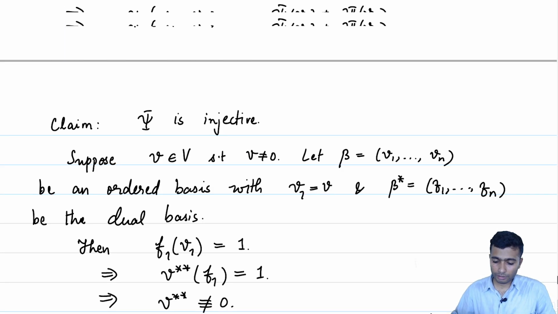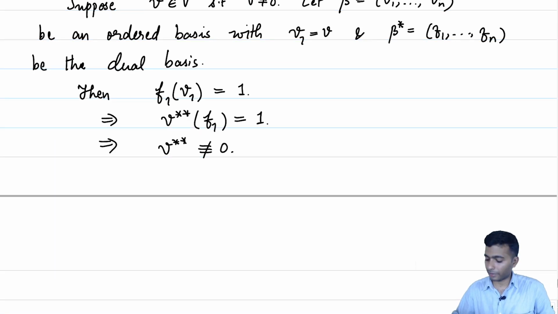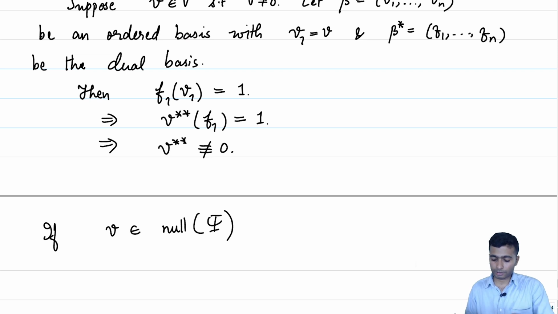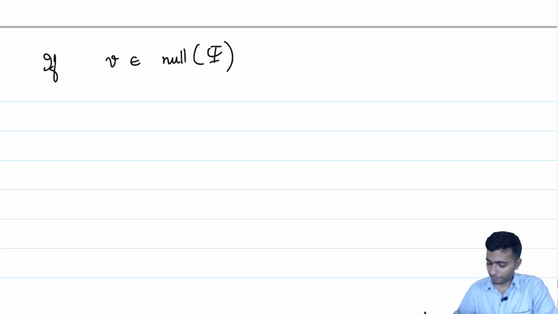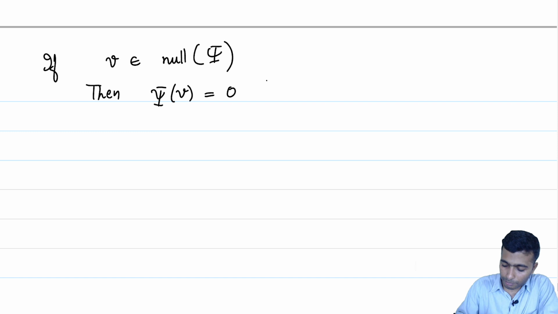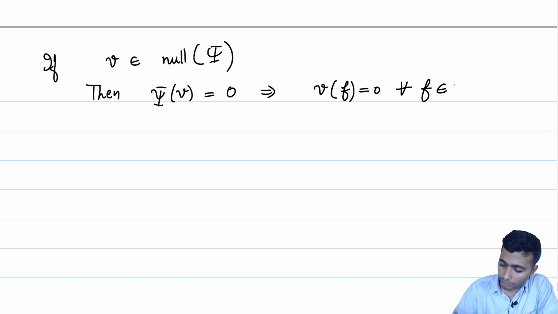Okay, but what do we want? Why are we considering this? So, if V belongs to the null space of psi, we want to show that psi is injective. So, suppose V belongs to the null space of psi, then what do we have? Then psi of V is equal to the 0 element of V star star, which implies that V of F is equal to 0 for all F in V star.